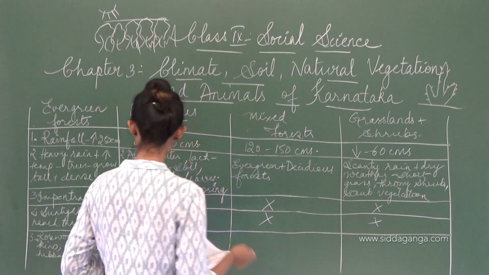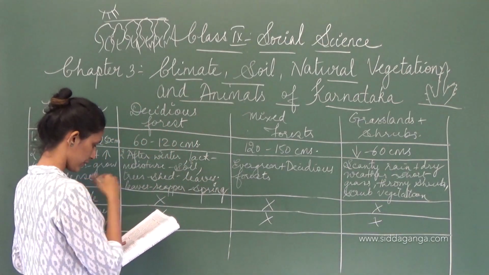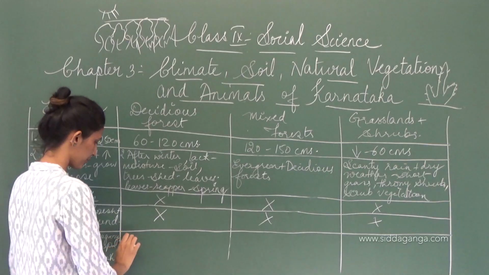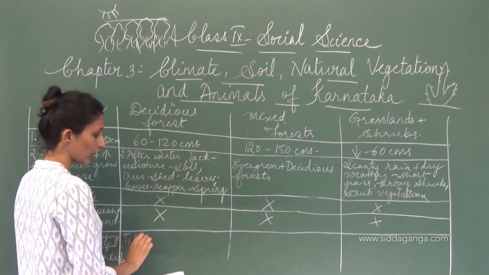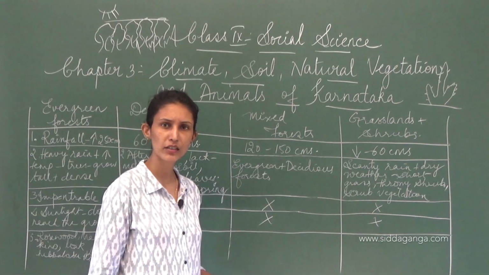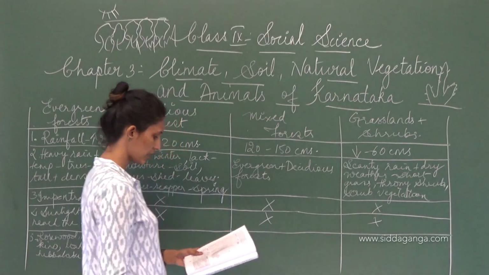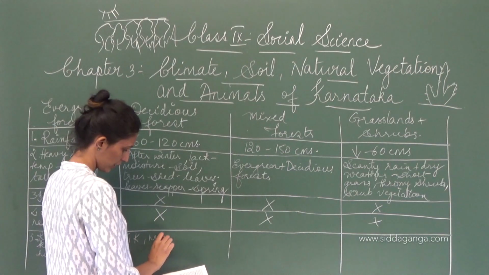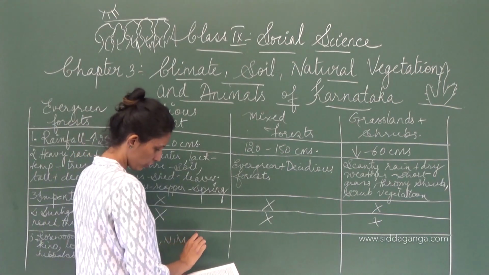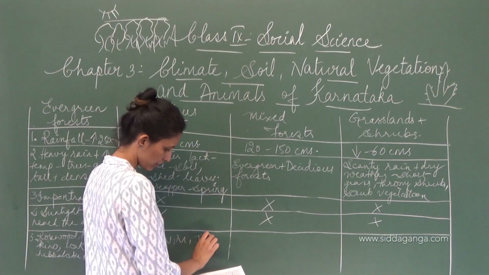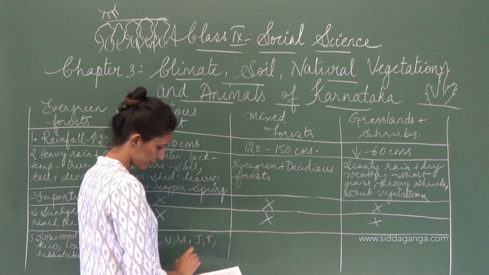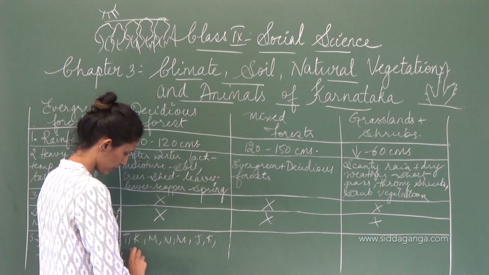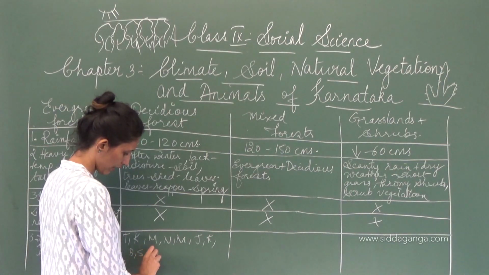In deciduous forest, the fifth point will be again teak, kino. Now see, some trees may be similar, so only remember those names. Teak, kino, mahogany, neem, mango, jackfruit, cocoa, flame, banyan, sandalwood, and bamboo.